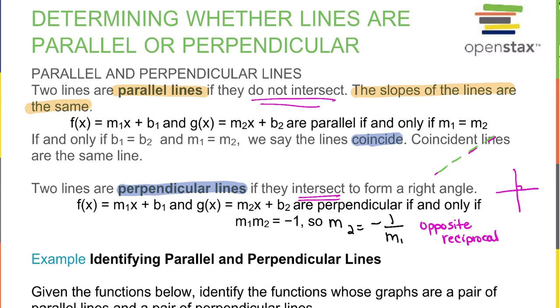So like the reciprocal of 3 would be 1/3. So the opposite reciprocal of 3 would be -1/3. So parallel lines have the same slope. Perpendicular lines have opposite reciprocal slopes. But you can also, like I said, multiply them together and see if you get -1. That's another way to tell.